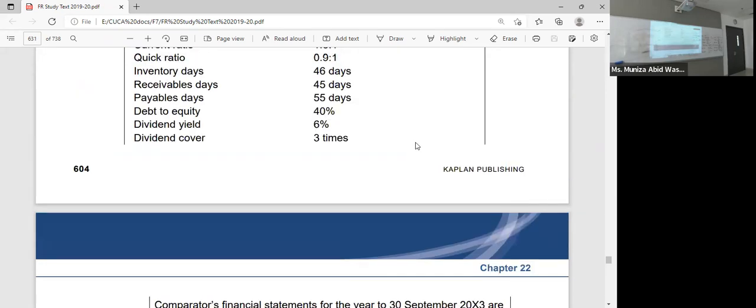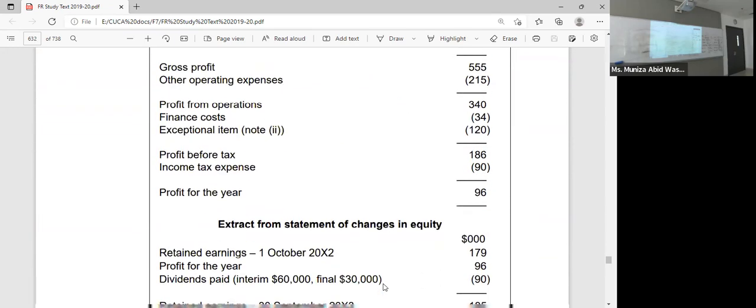Then students, the next ratio is the quick ratio. Let's see the quick ratio. What is the result of it?